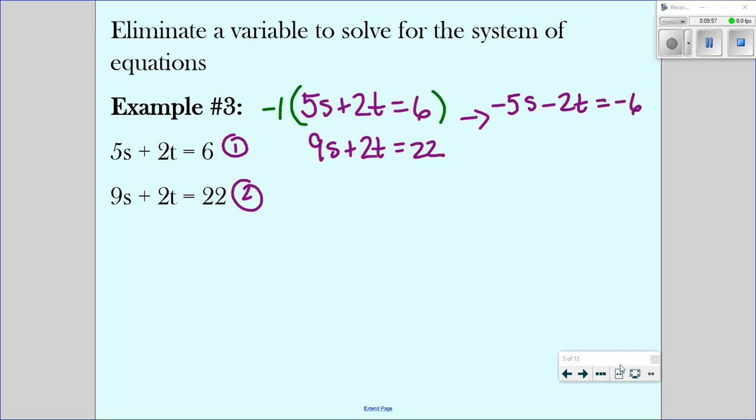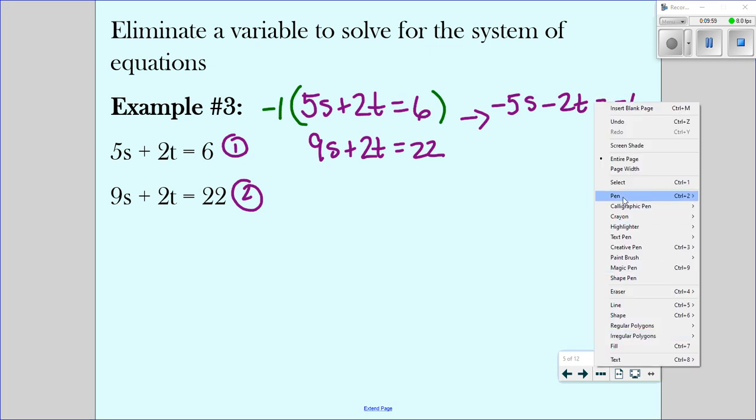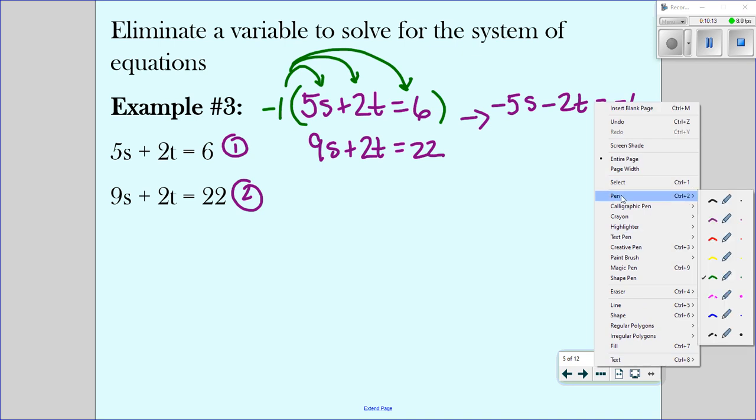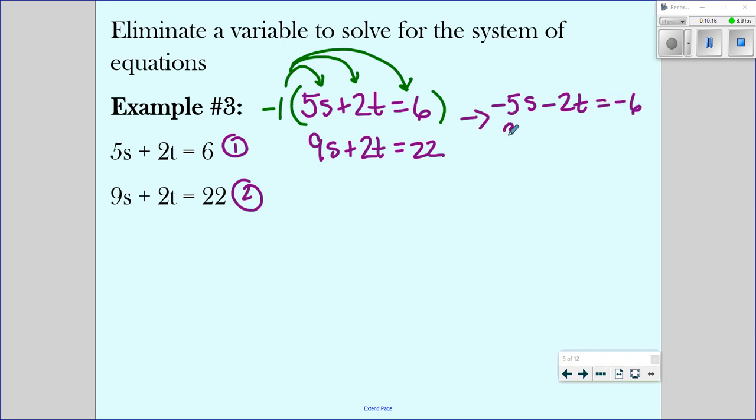So basically you are distributing that negative 1 to each term inside the parentheses. I'm going to draw the arrow, like that rainbow formation, to show that I distributed. And the second equation, I just rewrite it again because I didn't do anything to it. So it would be 9s plus 2t equals 22. Now I can eliminate the t's because one of the 2t is negative and the other one is positive.